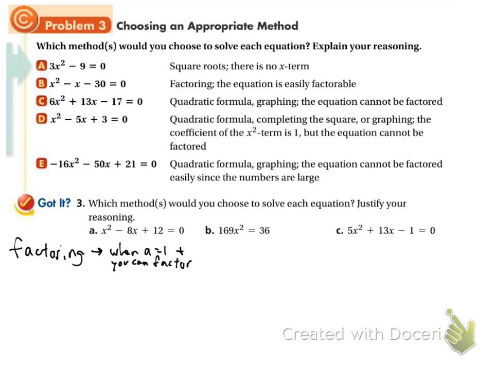Which might seem kind of obvious, but if it multiplies to the end number and adds to the middle number, then do it. If you can't factor it, completing the square comes in. We use completing the square when a is equal to 1 and you can't factor.